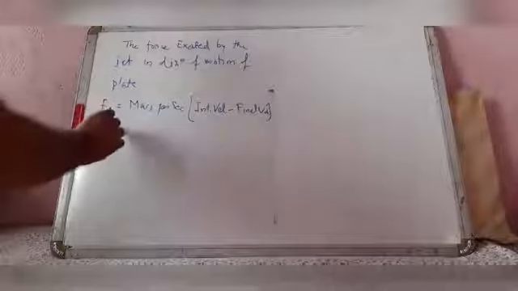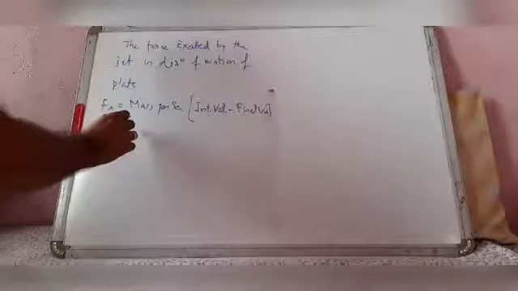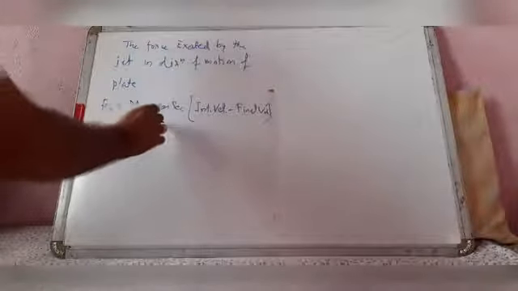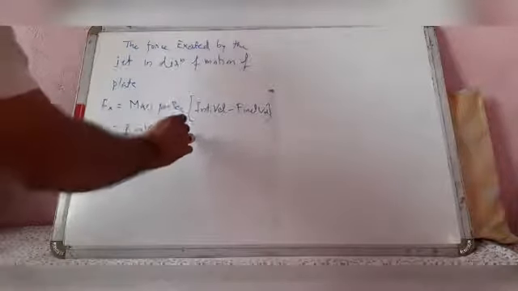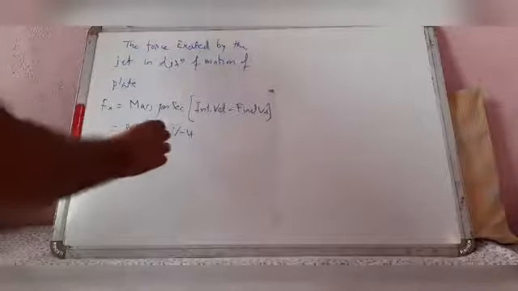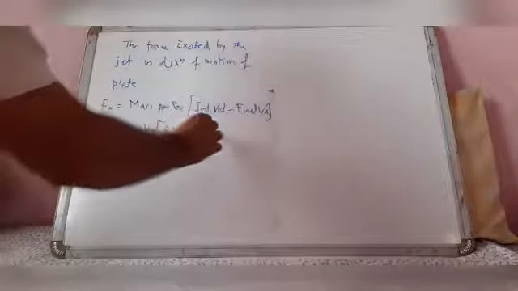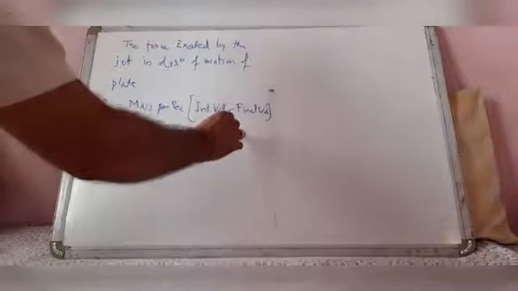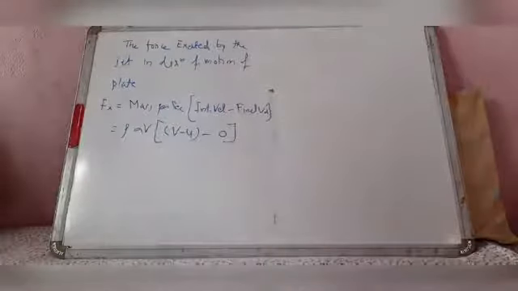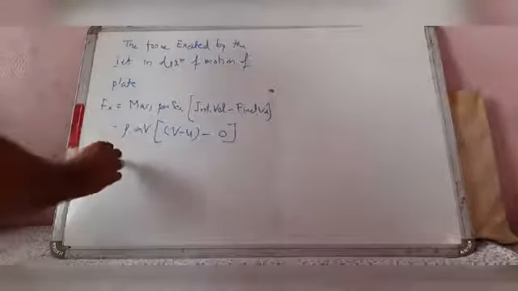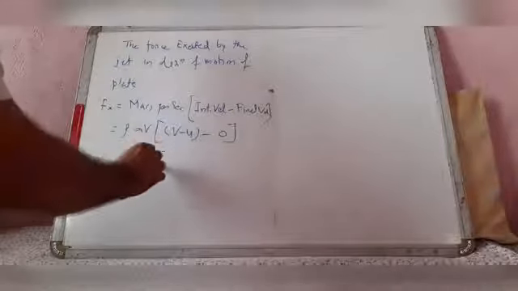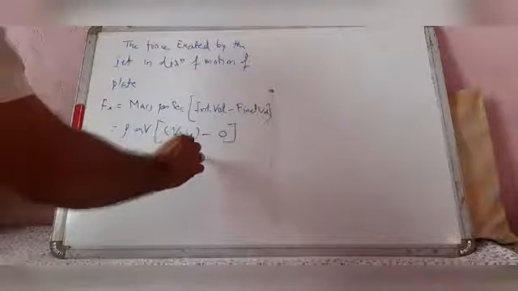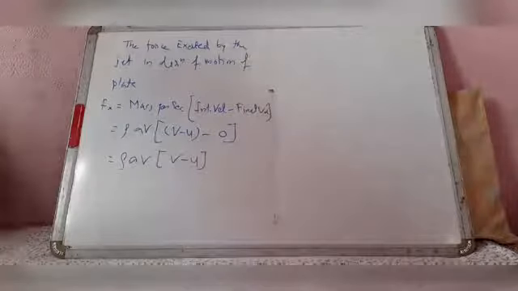So this is rho A v into v minus u, the initial velocity, and the final velocity in the direction of motion is 0. So this comes rho A v into v minus u.